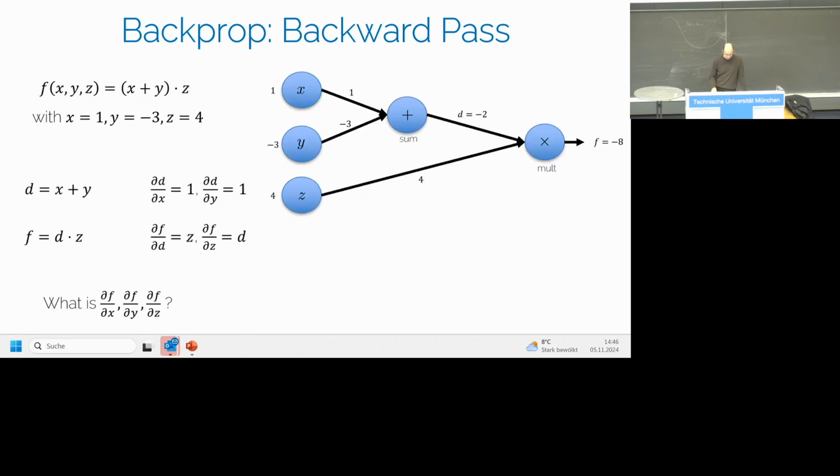Now, what we're interested in is computing gradients. Why are we interested in these? In particular, because maybe we want to optimize the unknowns, right? So let's say if these are weights, we want to optimize the weights, and so we need to compute the derivative of the output f of this expression as a function of x, y, and z, these unknowns or variables.